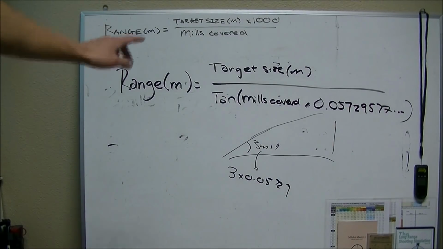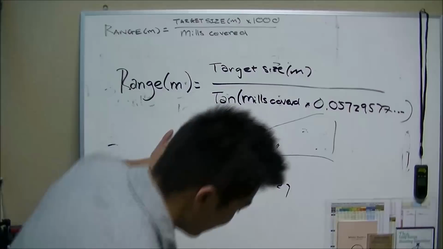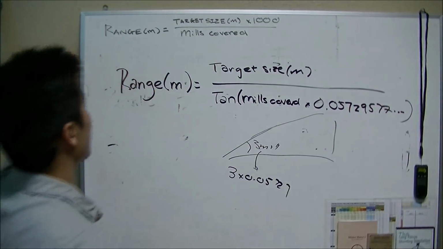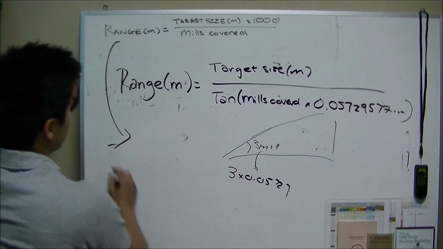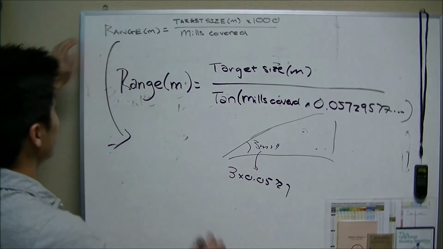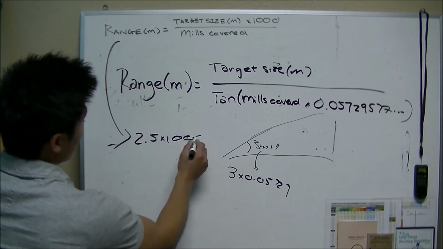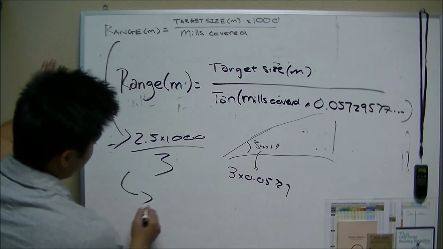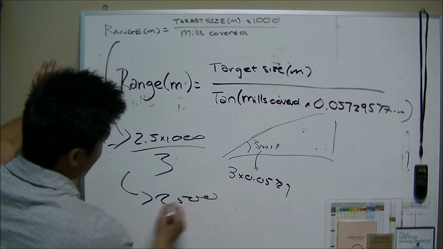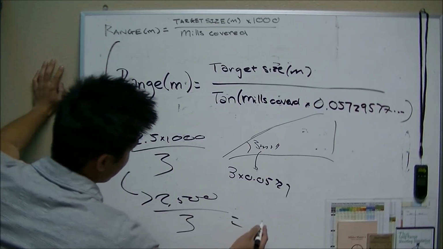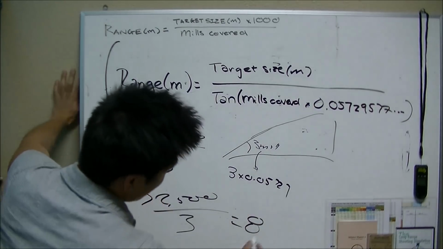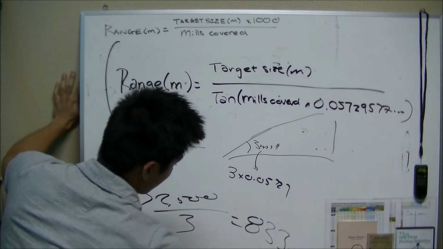Shoot, which reminds me, I forgot to give you the answer for the other one, right? So in our last example, our range is going to be 2.5 times 1,000 divided by 3. That's going to be 2,500 divided by 3. That's going to give us, what is it, 833.333, I believe.